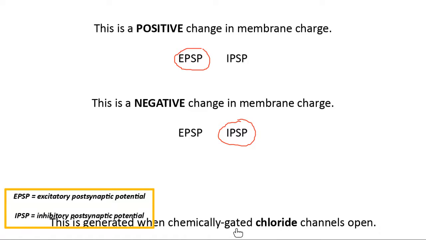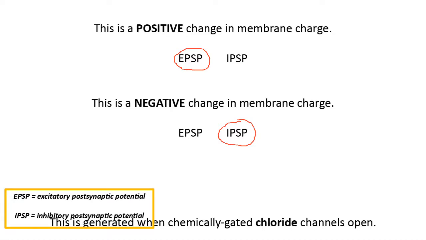Now, what our questions were supposed to tell us, on slide 8 here, was those different kinds of chemically gated channels that we talked about on the previous slide. So here's back to those questions that we first answered. When we were talking about our types of chemically gated channels, which types can be used to make the membrane charge more positive? Which ion makes my membrane charge more positive?